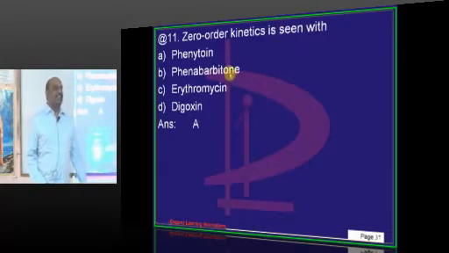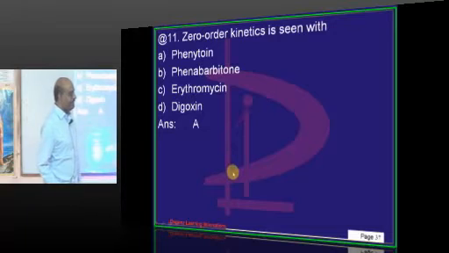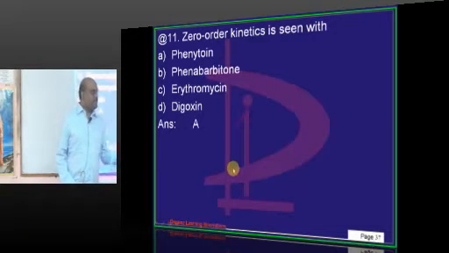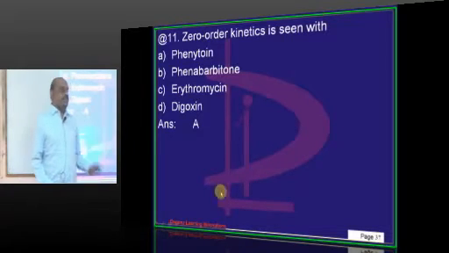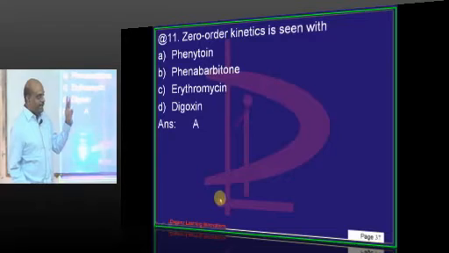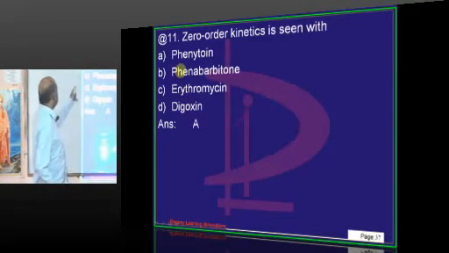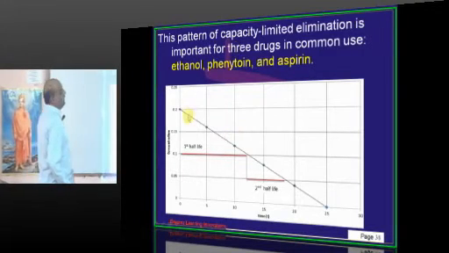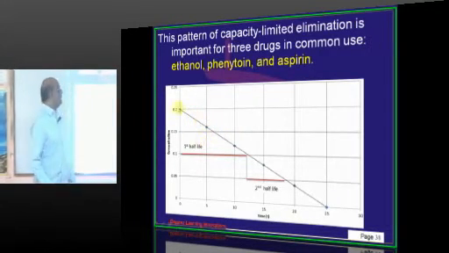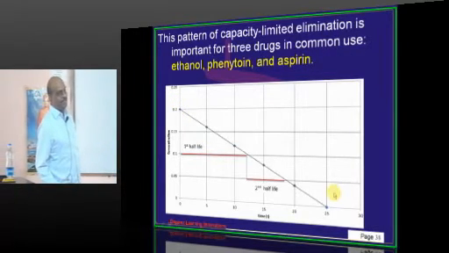The other type is non-saturable, non-drug concentration dependent, constant half-life kinetics, which is first order kinetics. For zero order kinetics, you will only remember 3 drugs. What are they? Phenytoin, ethanol, aspirin. So zero order is capacity limited elimination: ethanol, phenytoin and aspirin.